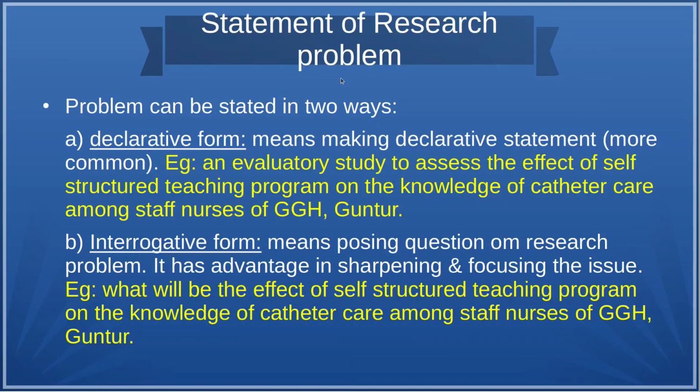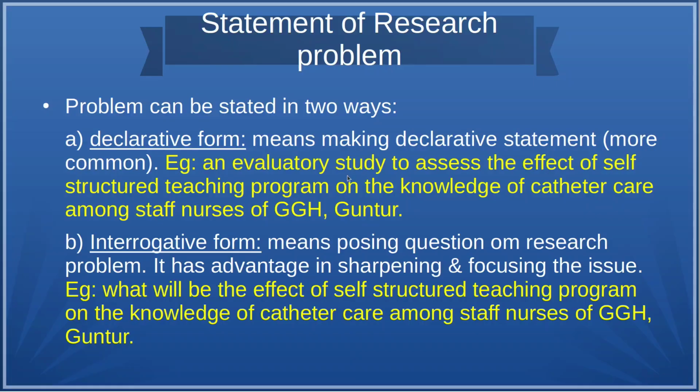So, statement of research problem. A problem can be stated in two ways: declarative and interrogative form. Our nursing related studies look like this. An example of declarative form is an evaluatory study to assess the effect of a self-structured teaching program.